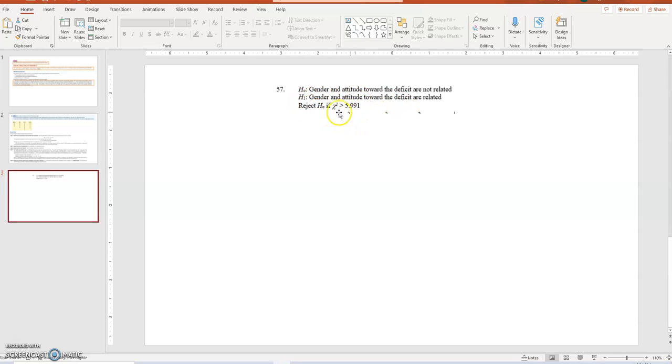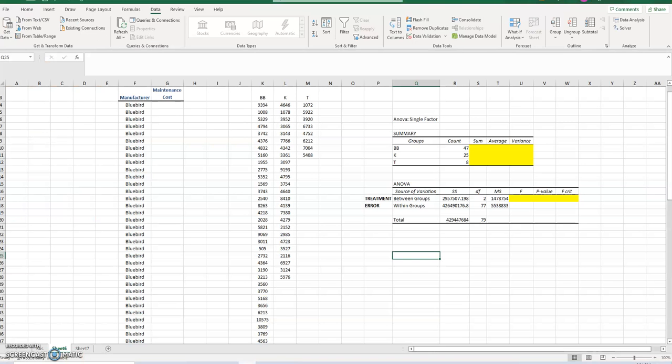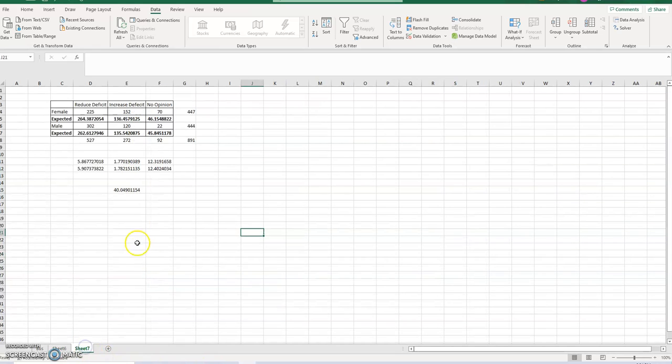I will talk about this chi-squared test statistic here in a minute, and the critical value once I look at your data here real quick. So this is what I have done here. This is some fictitious data.